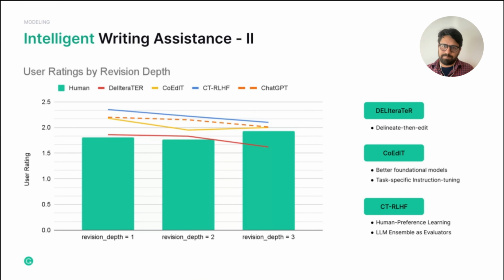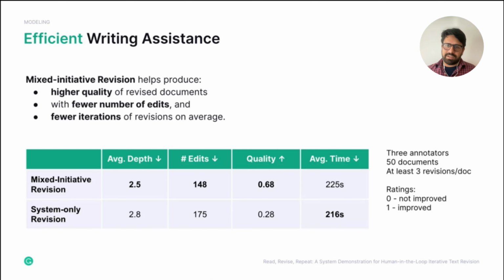And this indicates the limitations of automatic metrics and that there's a huge need for better document level evaluations for text editing. And finally, we also measured the efficiency of this mixed initiative by removing the human interaction from our system. And we asked 3 qualified annotators to evaluate the revisions made by our system for a set of documents, which had at least 3 revisions per document.